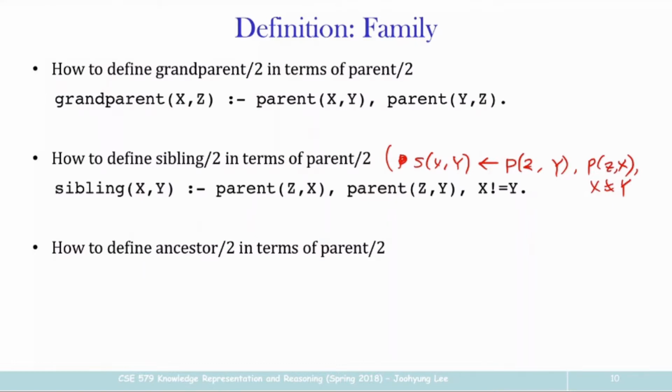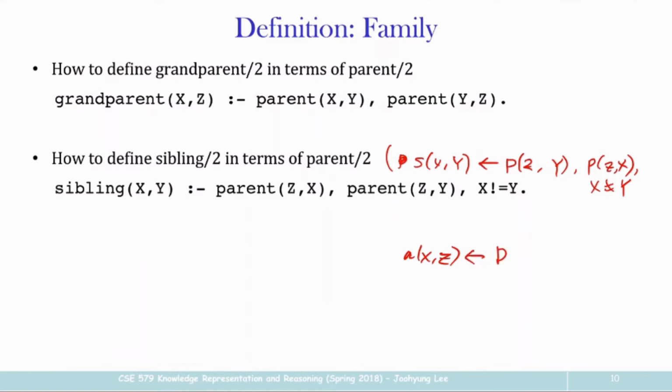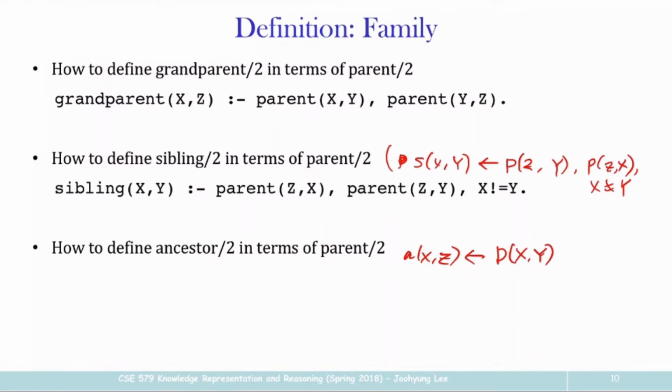Ancestor XZ if parent XY and parent XY. Why do we repeat parent XY here? That's one. This is one. That's it.